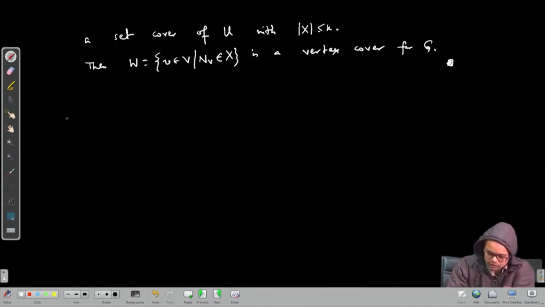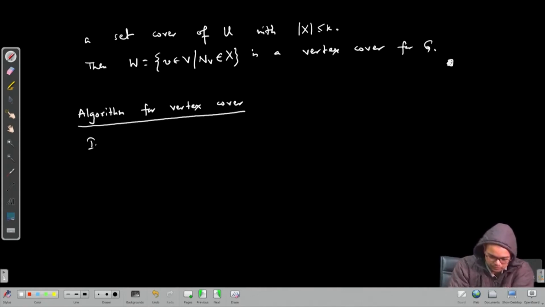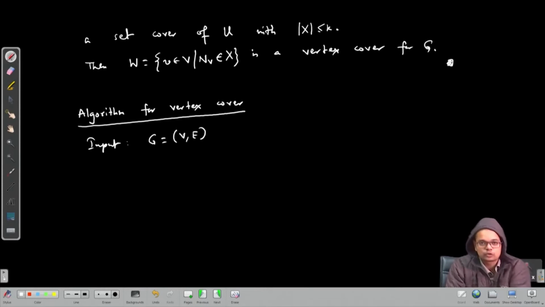Now, the two-factor algorithm for vertex cover. So input is a graph G equal to (V, E), and we need to compute the smallest vertex cover.